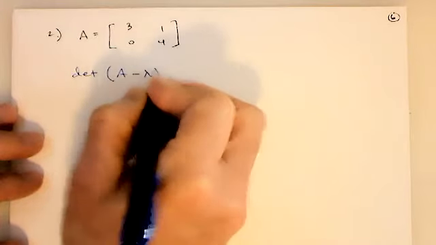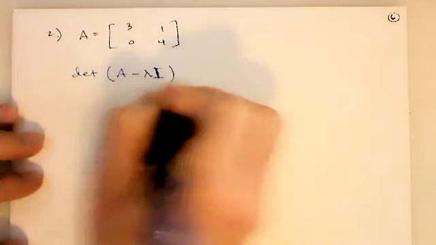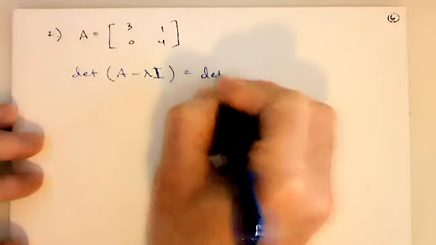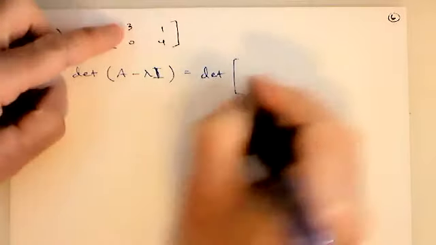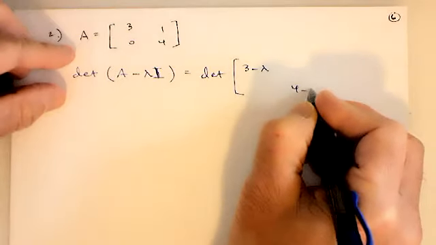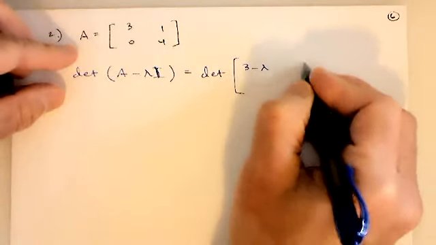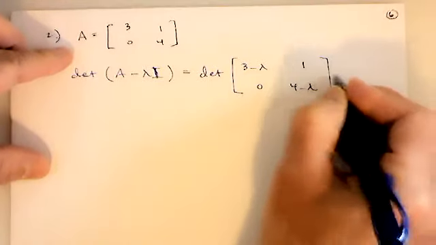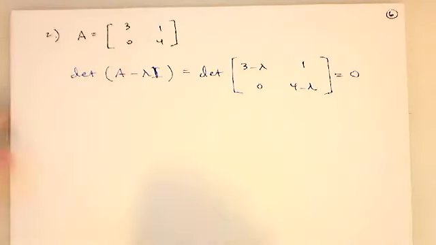A minus lambda I is going to really be the determinant of, as we've seen, main diagonals get the minus lambda, off diagonals stay the same, and we want that determinant to equal 0.